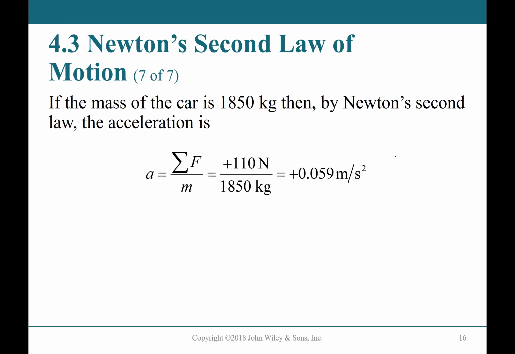Okay, so if the mass of the car was 1,850 kilograms, then by Newton's second law, this object is moving at 0.059 meters per second squared. So you notice then that my Newton, I'm only doing the units, my Newton is a kilogram meter per second squared, and divide that by kilograms. When that cancels out, then I have the units of acceleration.